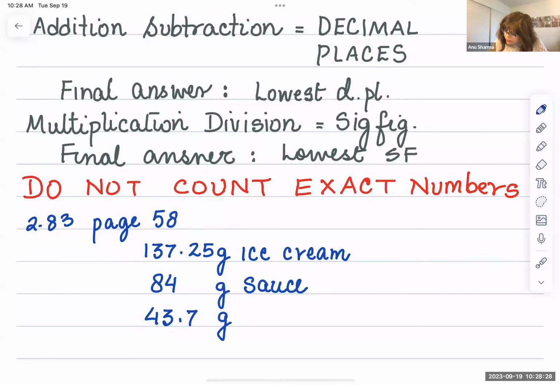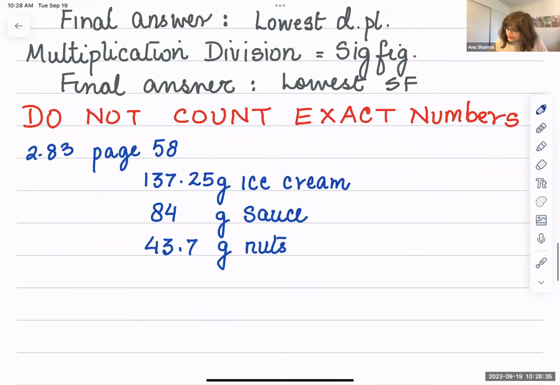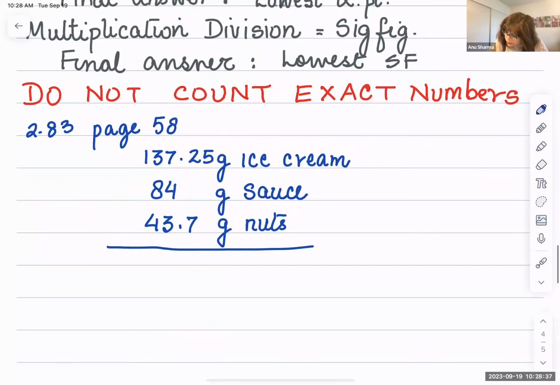What is the total mass in grams of this dessert? We have to add these.